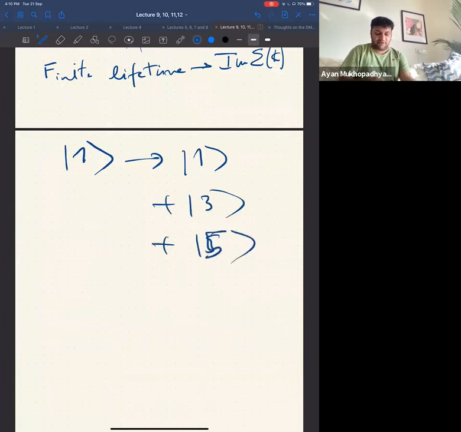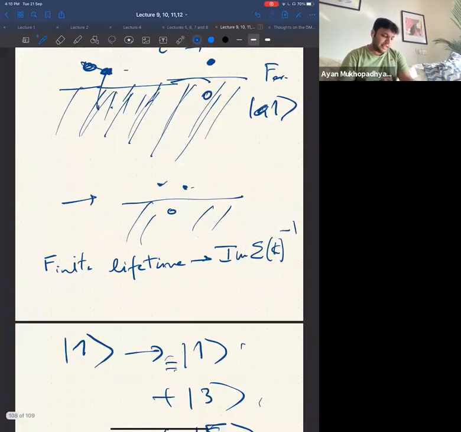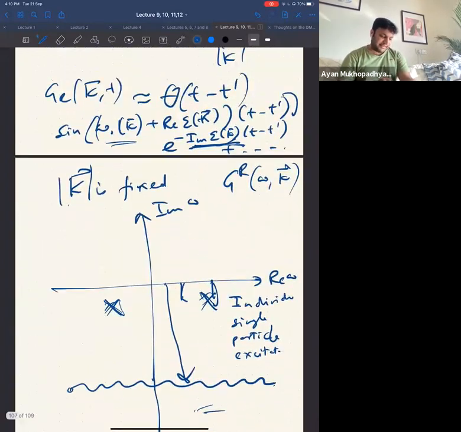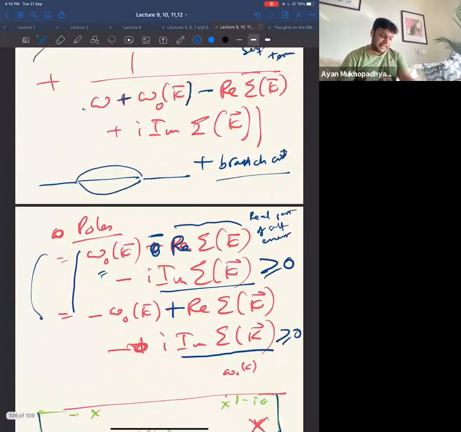It will always be odd because you need to conserve the charge and energy. It will go to a mixture of this thing, but it will retain some kind of overlap here, right? And this is very interesting, and this is something that we will see.